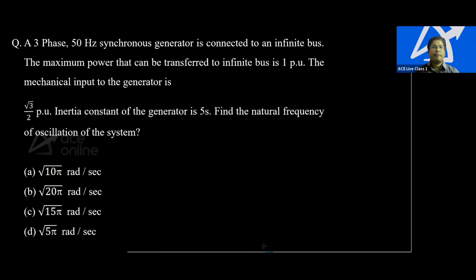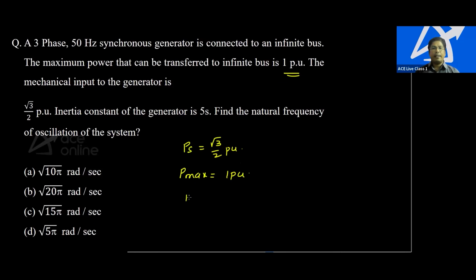Next question, students. A three-phase 50 Hz synchronous generator is connected to an infinite bus. The maximum power that can be transferred to the infinite bus is 1 per unit. P max is given as 1 per unit. The mechanical input to the generator is √3/2 per unit, so Ps is √3/2 per unit.